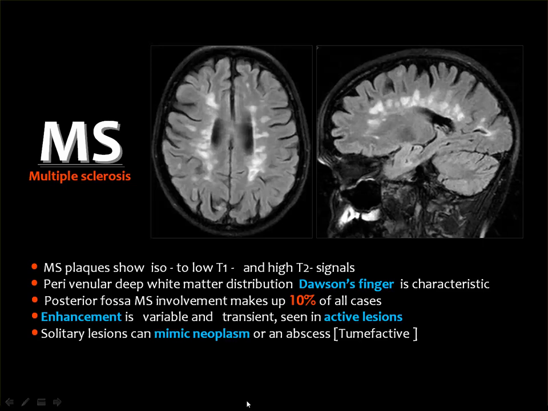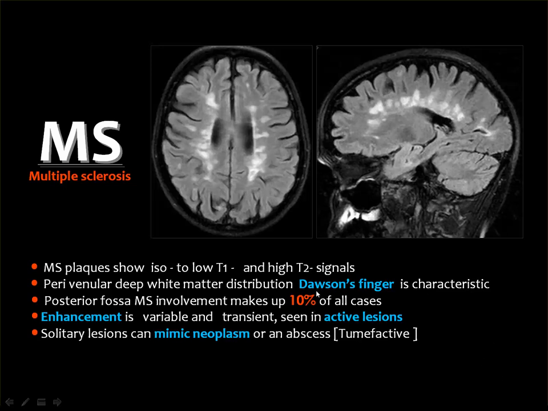The appearance of the lesions is also very familiar to all of you. The lesions will be hardly seen on the T1 weighted image, but easily appreciated on the T2, especially in the FLAIR sequence, and the lesions are horizontally oriented. They are perpendicular to the wall of the ventricle, described in the literature as Dawson fingers.